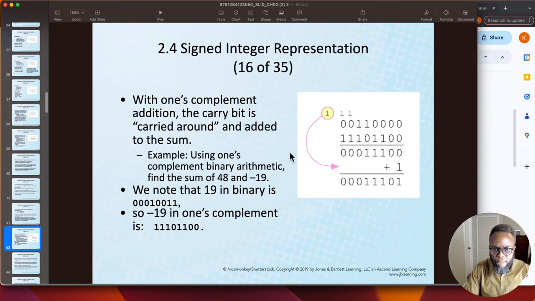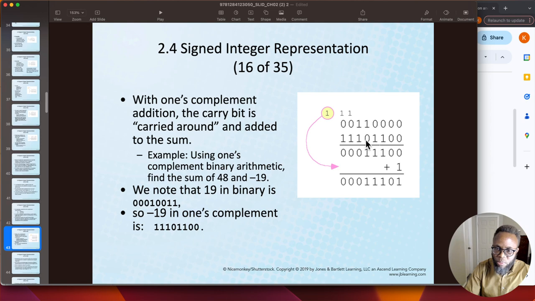Okay, so let's see what happens here. With ones complement addition, the carry bit is carried around and added to the sum. So these are two numbers binary represented. You add the numbers, 0 plus 0 is 0, 0 plus 1 is 1, 0 plus 1 is 1, you keep adding. At some point, you have a carryover.